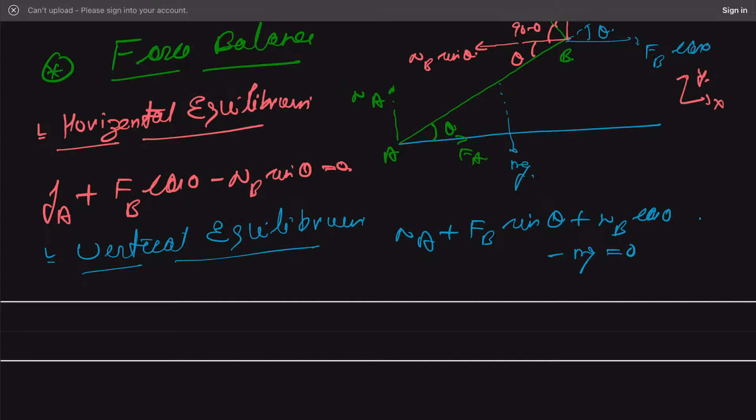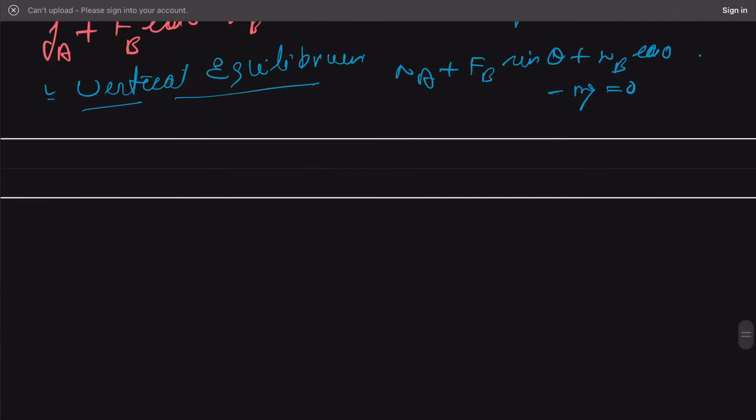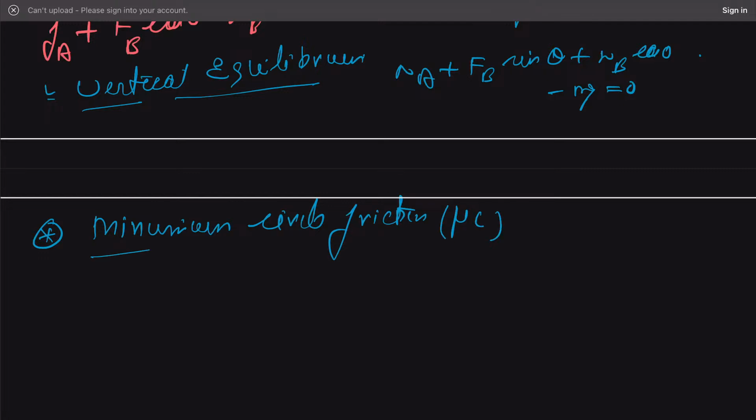Now we are interested in finding out the value of the friction in both cases. Okay. So first of all, we are going to find out the minimum circle friction. Let us call this mu of c. Minimum circle friction, and that is our mu of c. Okay.